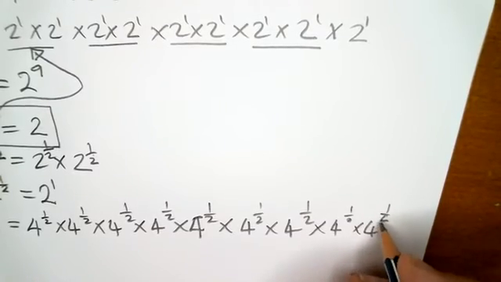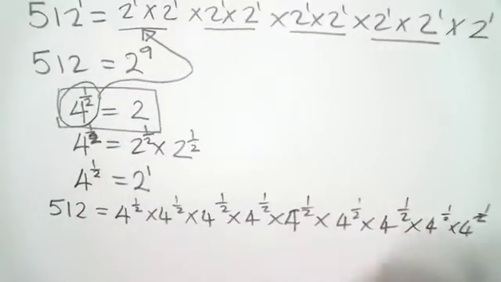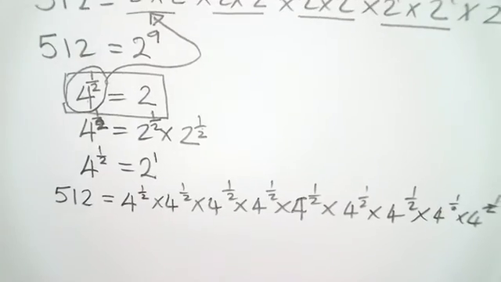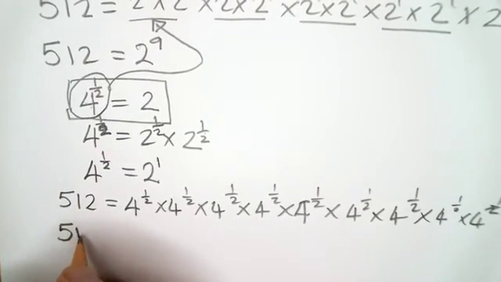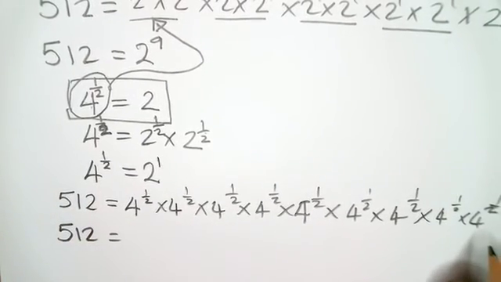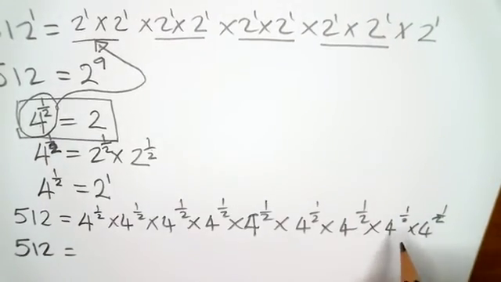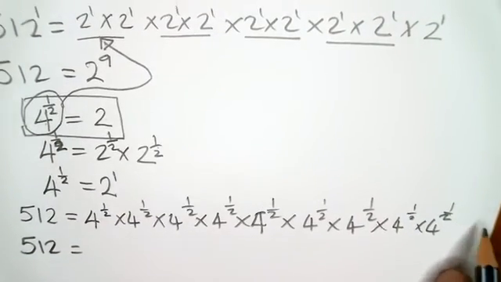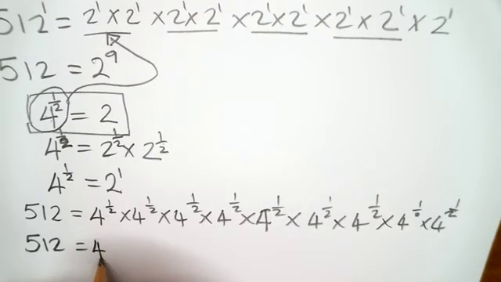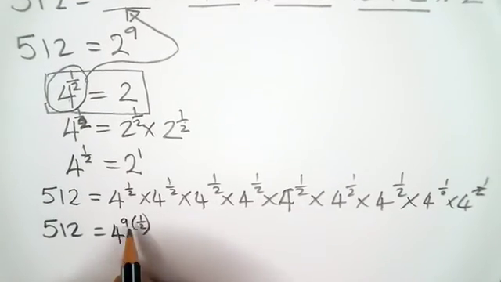Now, I'm not going to do the next bit here by adding all those together in the same way, but we could still therefore say these are as powers of 4 now. How many halves do we have? We have 9 halves. So that's 4 to the power of 9 lots of 1/2. And what's 9 times 1/2?